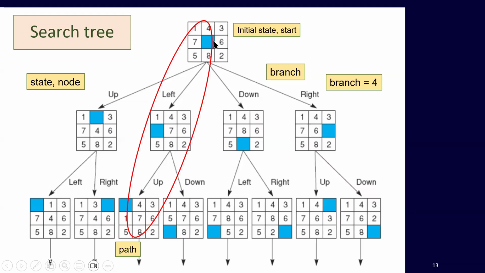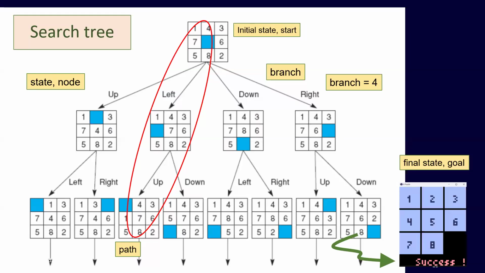If we move the empty panel to the left, it's like this, and then up, it's like this. So here's a path from start to this state. And then continuing this, we want to find a path to the final state.